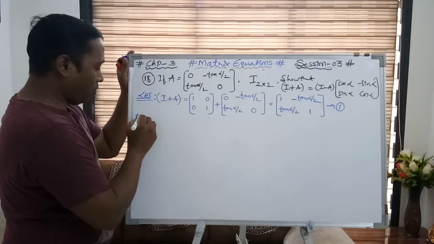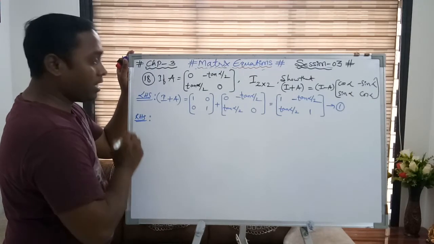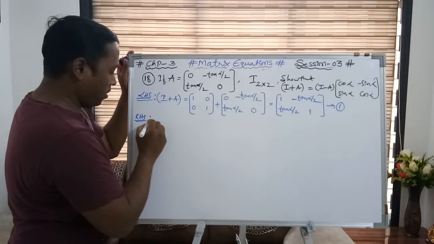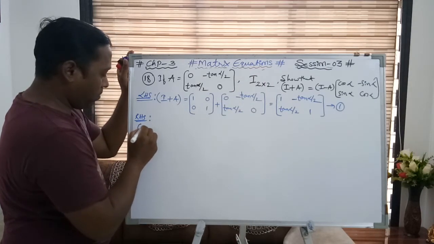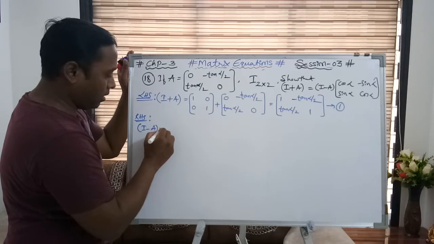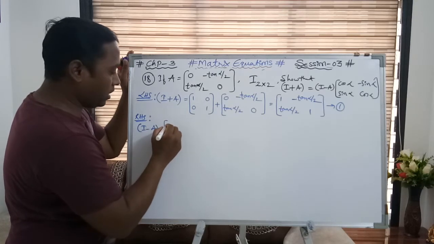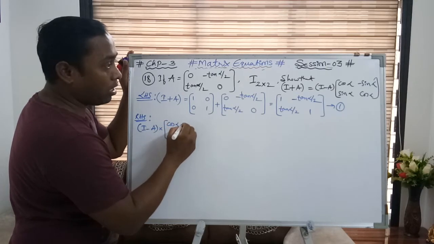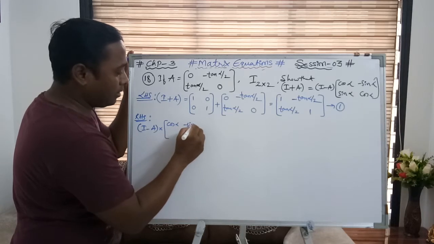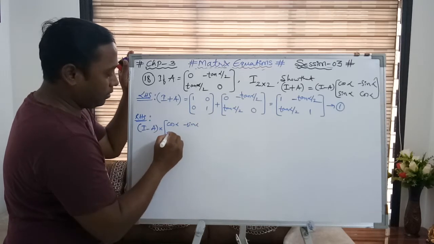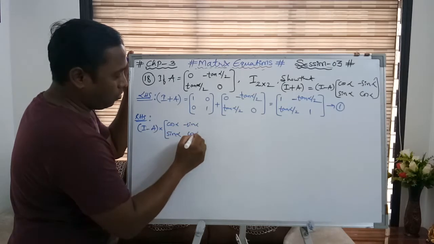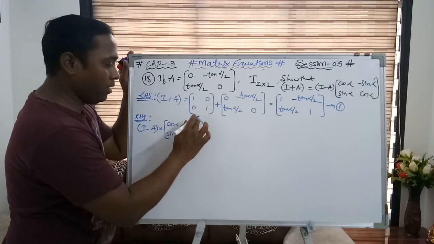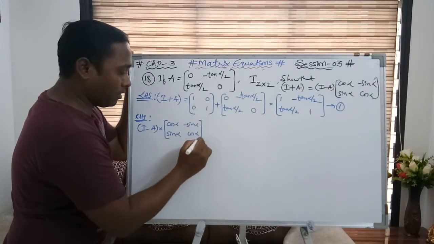Now what we have on right hand side? So right hand side expression was I minus A is multiplied by a matrix cos alpha, minus sin alpha, sin alpha, cos alpha. Okay, so how can I write this one?